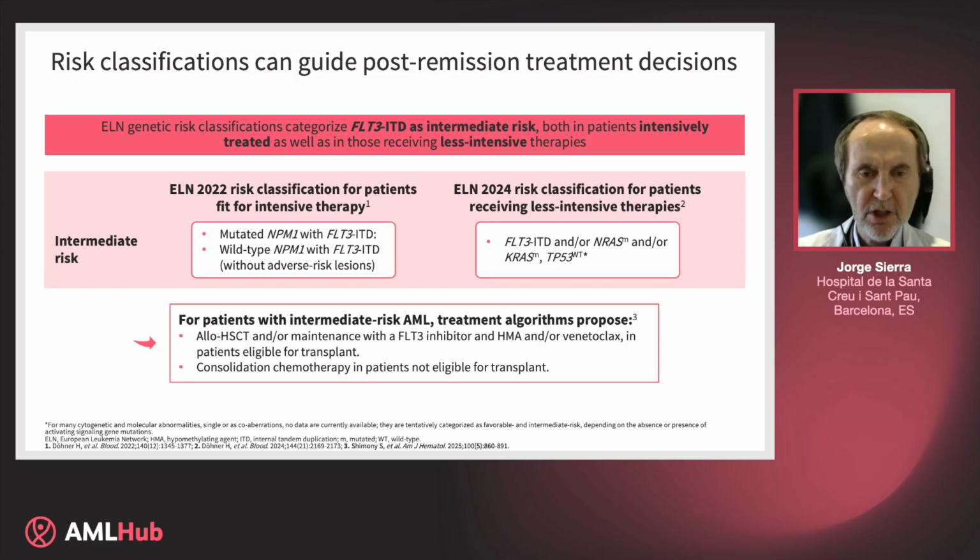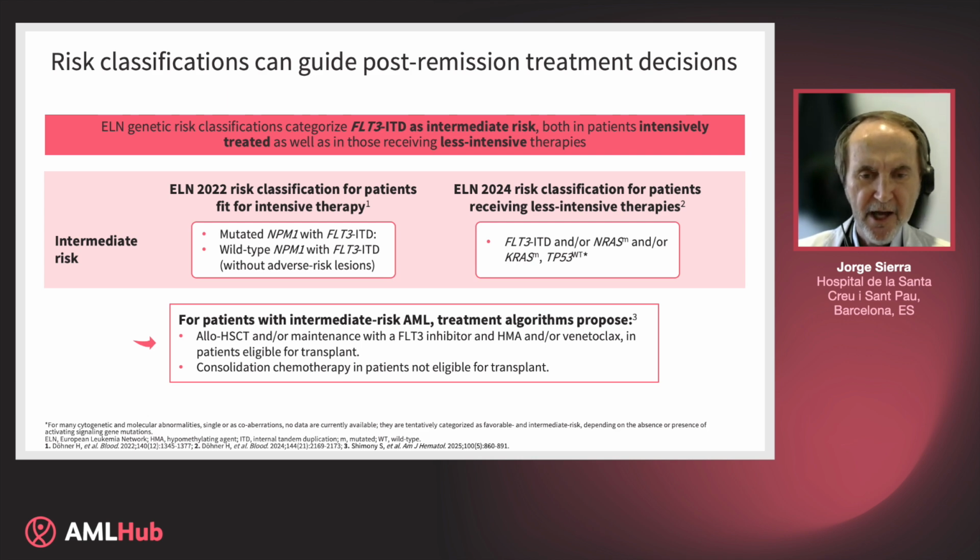Regarding the prognosis, both in the ELN22 classification for fit patients, as well as in the ELN24 classification for patients receiving less intensive therapies, FLT3 ITD is considered intermediate risk, and FLT3 TKD is not considered in the genetic risk classification.